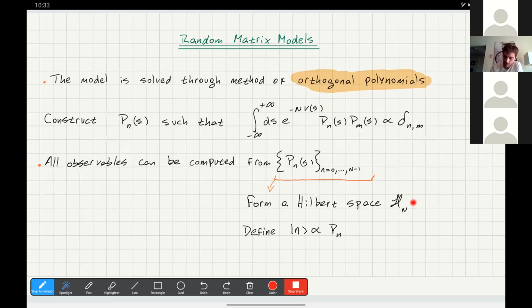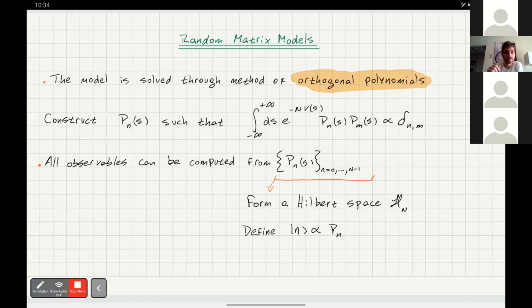Note that these polynomials effectively build a Hilbert space, Hn, of dimension n, so that you have some states that you can label by this ket n, that allow you to compute whatever observable you're interested in the matrix. Again, there's a lot of interesting structure, and I haven't told you exactly how to do this, but this is something that has been well known to people who study these models.